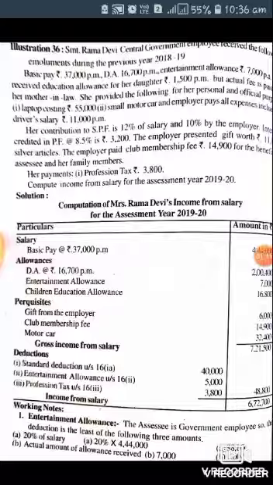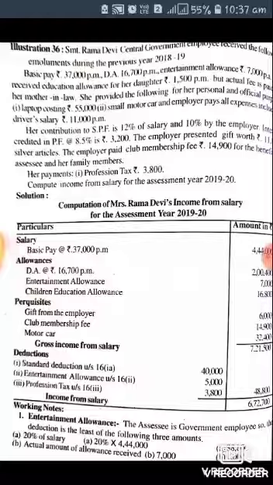Interest credited in PF is 8.5%, that is 3,200, and the employer presented a gift worth 11,000, silver articles, and the employer paid club membership fee of 14,900 for the benefit of the assessee and her family members, and her professional tax is 3,800, and we are asked to compute the income from salary for the assessment year 2019-20.